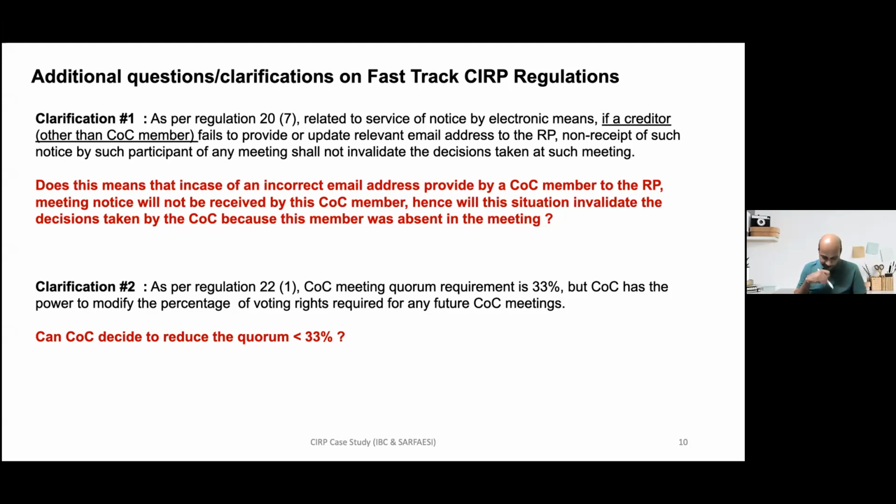There is one point which is on public announcement. It says that the insolvency professional shall make a public announcement immediately on his appointment, which basically means not later than 3 days, and it should be done in Form A. Something very important here is that the applicant will bear the expenses of the public announcement, which may be reimbursed by COC to the extent it is ratified.